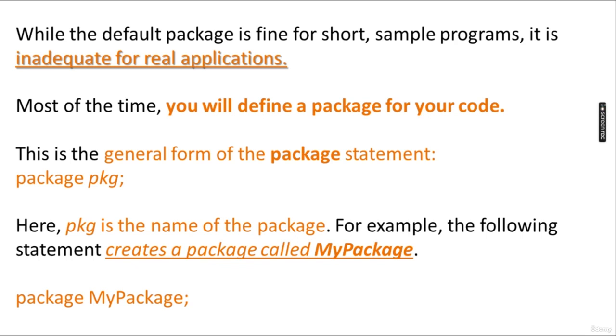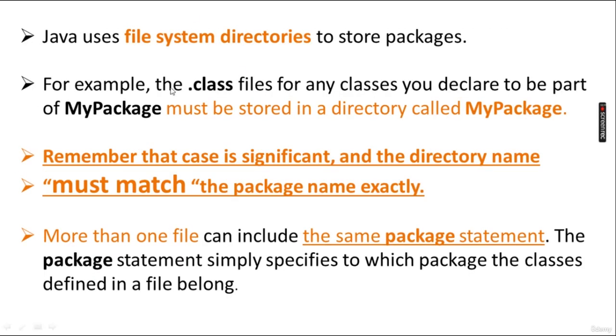The general form of the package statement is package, the package name, and a semicolon. Here, the package name is the name of the package. For example, the following statement creates a package called mypackage: package mypackage; Java uses file system directories to store packages.